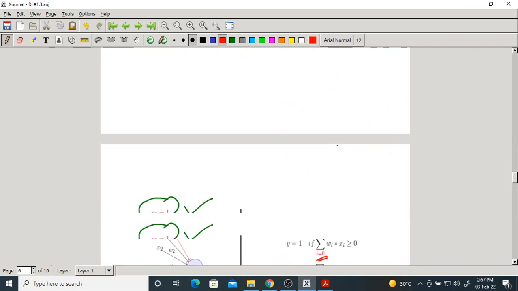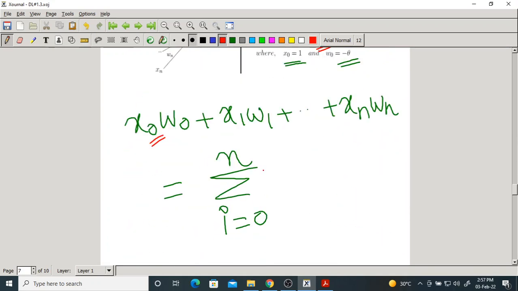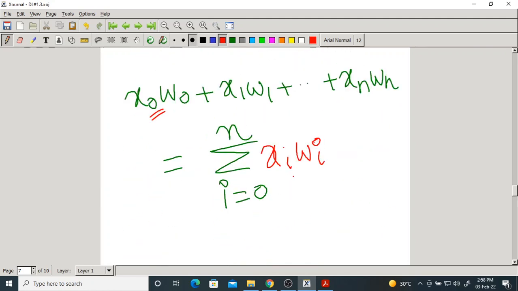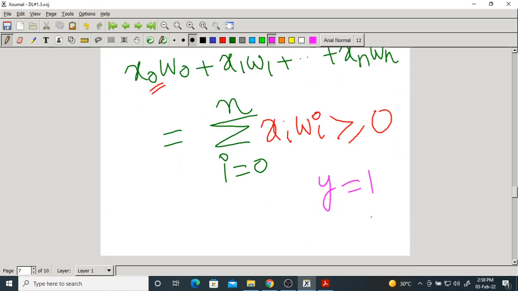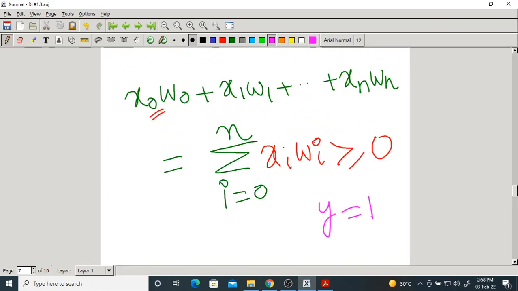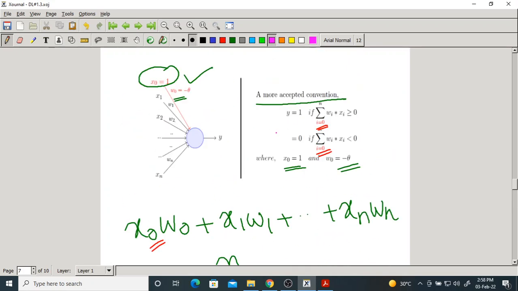So the sum of xi wi is greater than or equal to 0. Sorry, that is not theta, that is 0. If it is so, we say the output is 1, otherwise the output is 0. Are you getting it? This is the more accepted convention for the perceptron model.